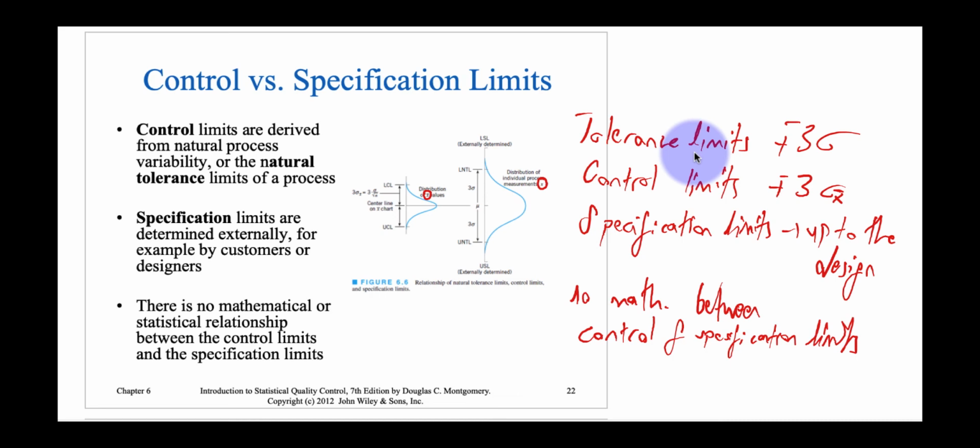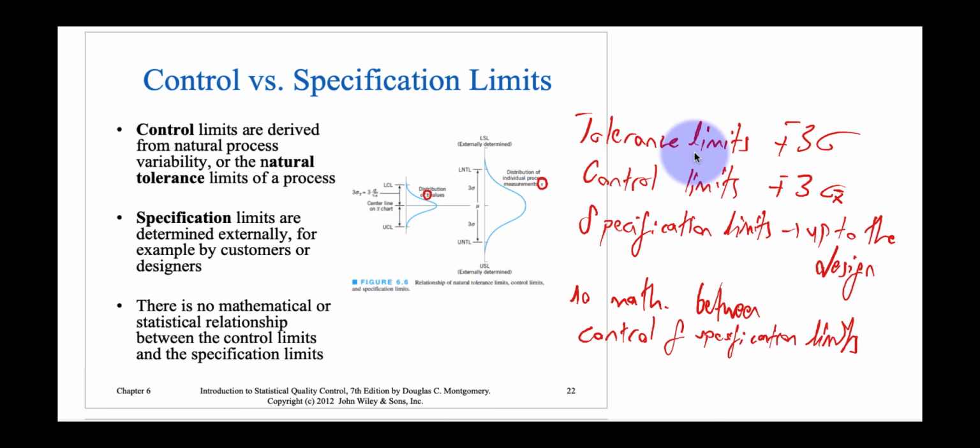They are set values, but the control limits we extract from the retrospective data we have. We are analyzing the past data, and we are taking some observations from the process. Then we are calculating the control limits, and actually we are revising them, changing them iteratively.